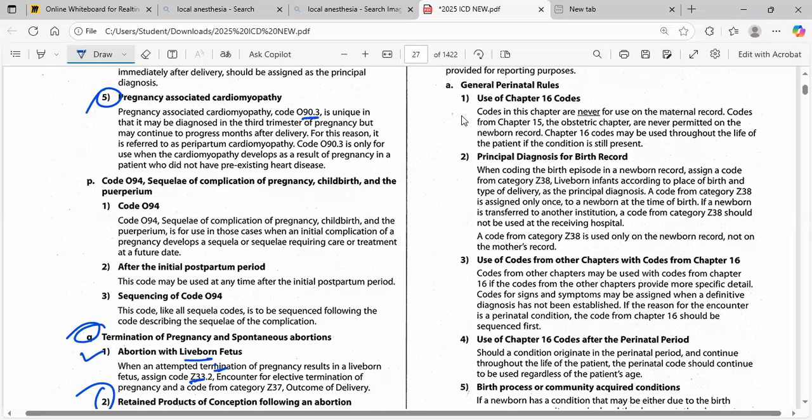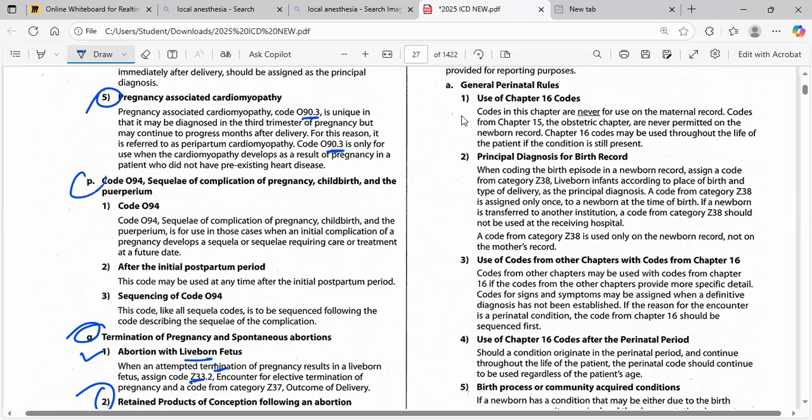We can still use O90.3 because once the patient develops the cardiomyopathy, it might stay there for 1 or 2 or 3 months, even after the delivery. If the patient has cardiomyopathy due to the pregnancy, we have the specific code O90.3, which might develop in the third trimester and may continue for subsequent months after the delivery, and we are allowed to use this code even after the delivery.